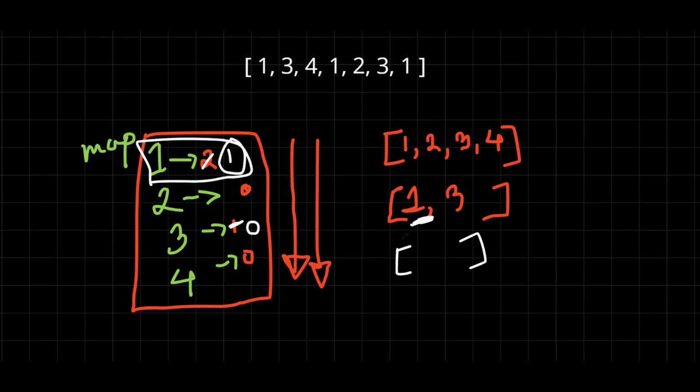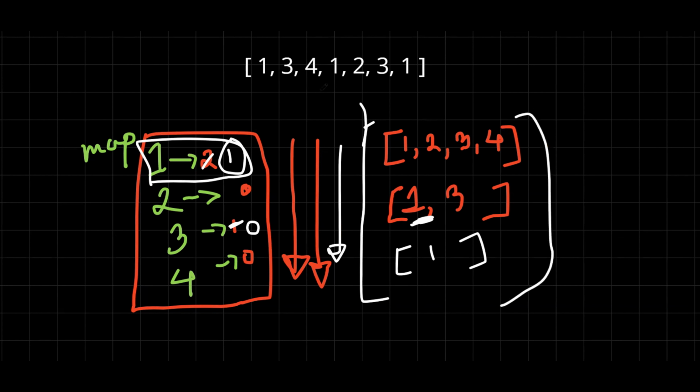So here we use 1 as a list. Finally, after completing the 3 iterations, we have found 3 lists from this map. These 3 lists can be used to make a 2-dimensional array, and finally we will return the answer.